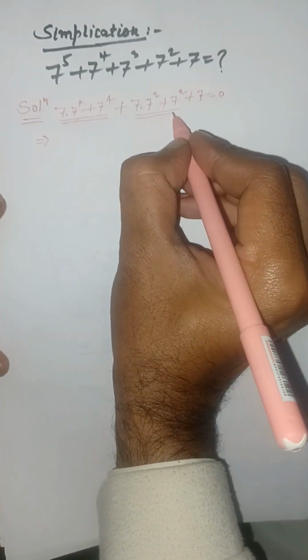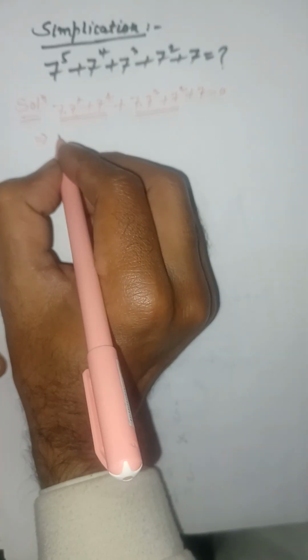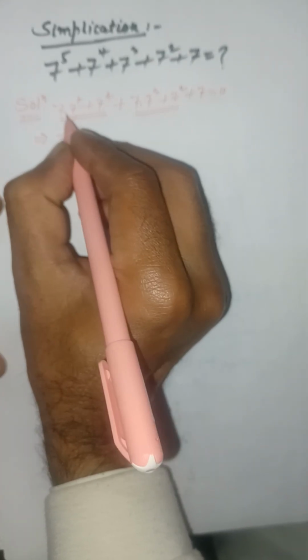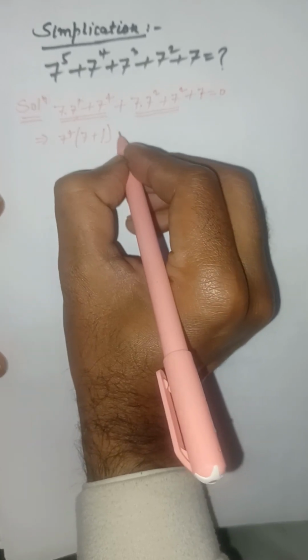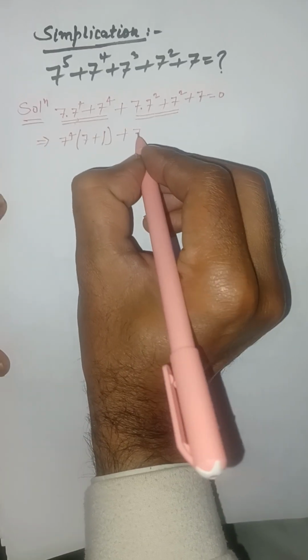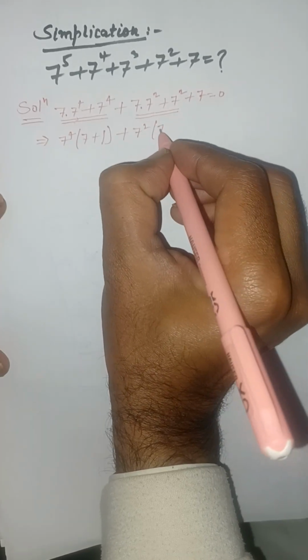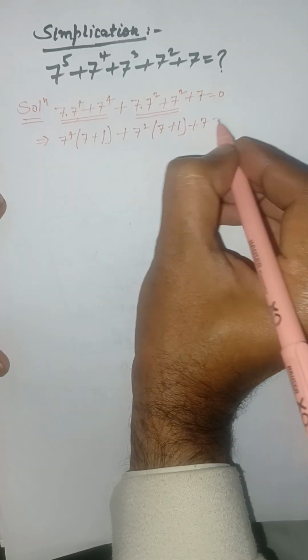Then 7 power 2 is common. 7 power 4 (7 plus 1) plus 7 power 2 (7 plus 1) plus 7 equal to 0.